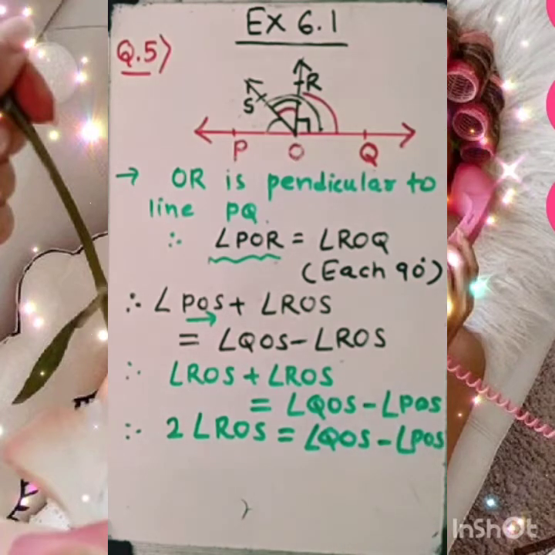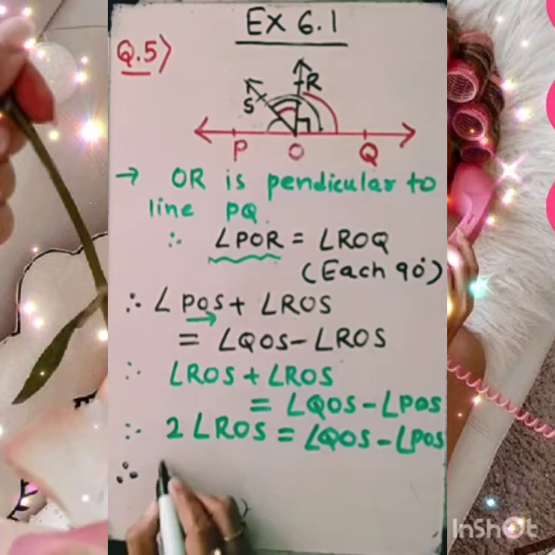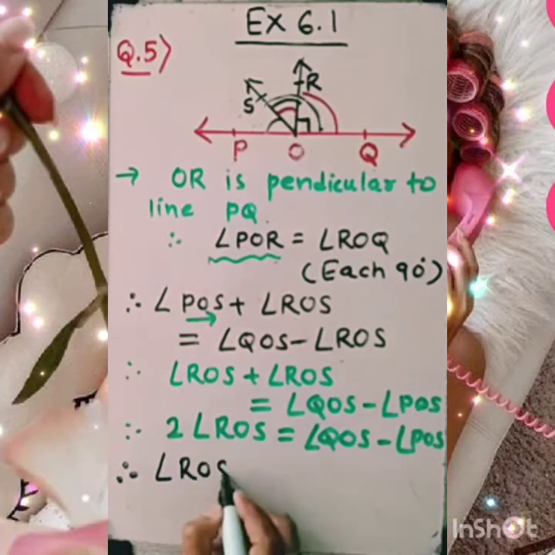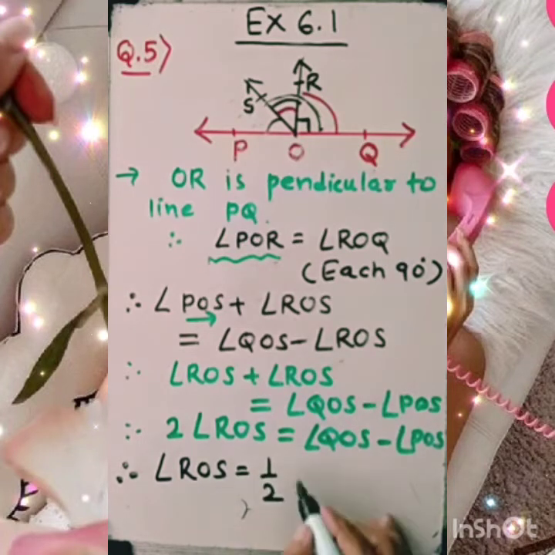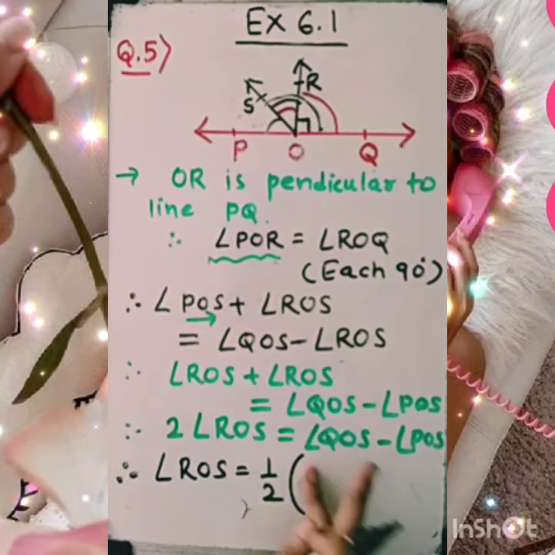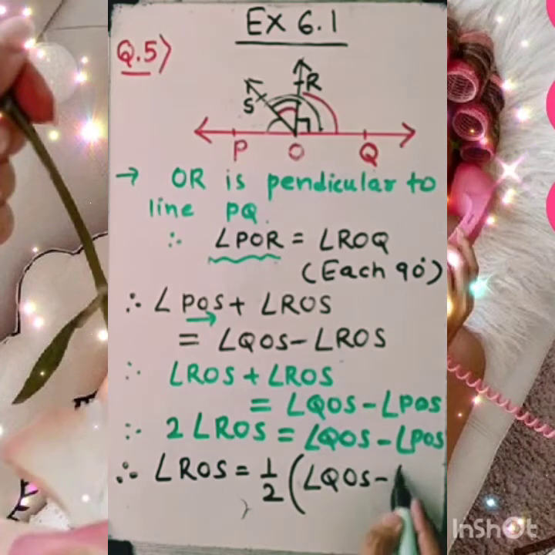Got it? So my dear student, in the next step, I am going to bring this as a denominator. It will come to this side, so it will be angle ROS equal to 1/2 angle QOS minus angle POS.